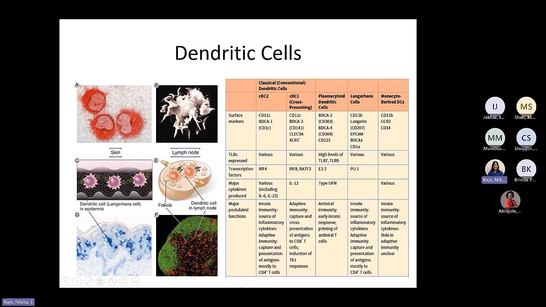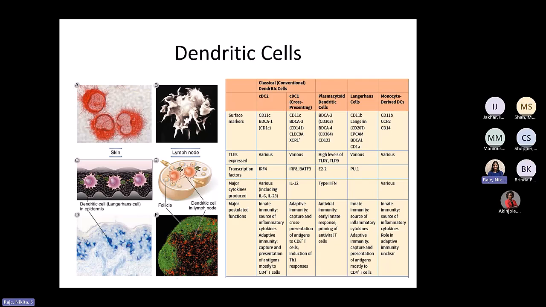All right, so dendritic cells, this table shows you the comparison between different kinds, and you can see some of the surface markers that are important for these cells, how we recognize these: CD11c or CD11b, and then some other ones that are mentioned. Langerhans cells also have Langerin, CD207. That's important to remember.